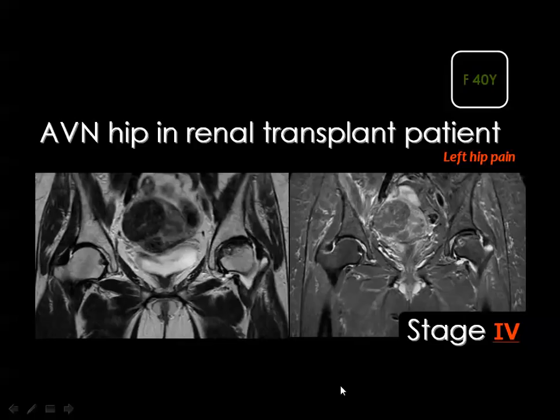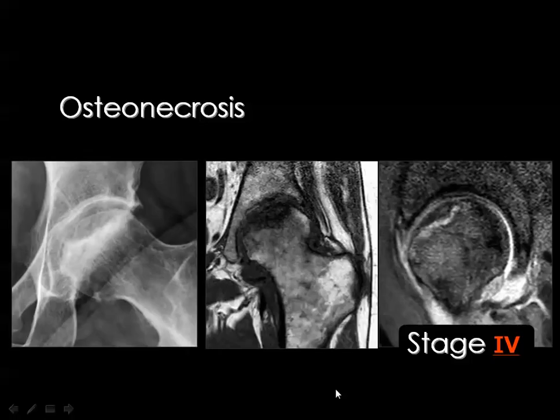This stage will be associated with flattening and collapse of the femoral head, with possible development of osteoarthritic changes, as you can see here, with bone sclerosis of the opposing articular surfaces and narrowing of the joint space. This is stage 4 avascular necrosis by plain X-ray, MRI, T1, and the gradient image.